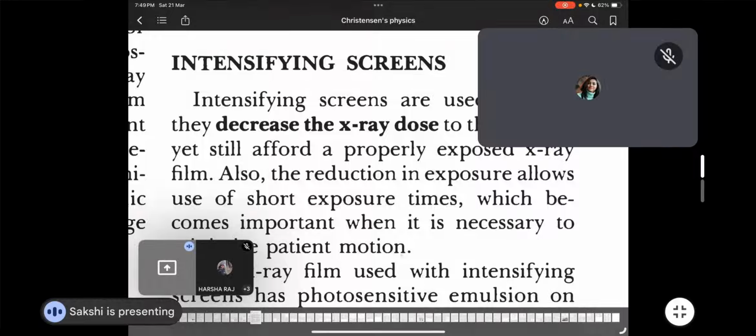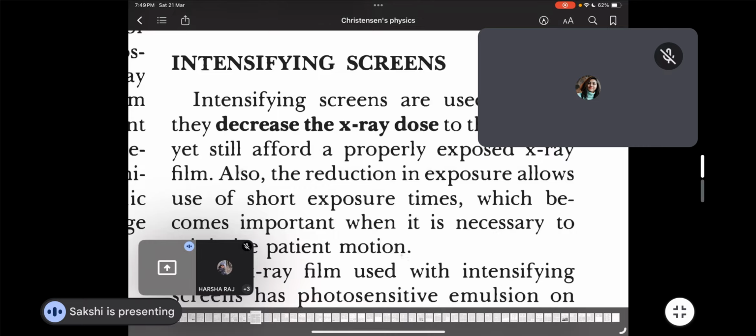Basically, it is a device used in radiography to amplify the effect of X-rays on the film. It is coated with phosphor material, that is calcium tungstate or any rare earth element that we have studied just now. It converts the X-ray energy into visible light, which then exposes the film.